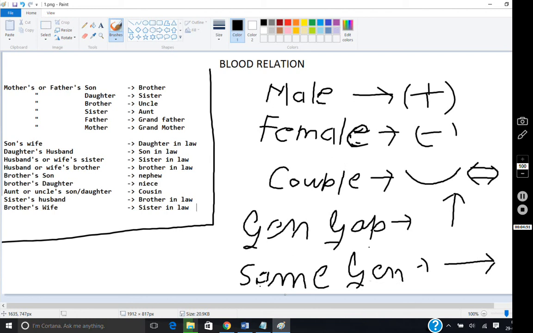Suppose you are talking about someone's father, then there will be a generation gap. Father is one generation and the son is another generation. And if you are talking about someone's brother or sister, then it will be the same generation. So write down all these rules in your notebook.